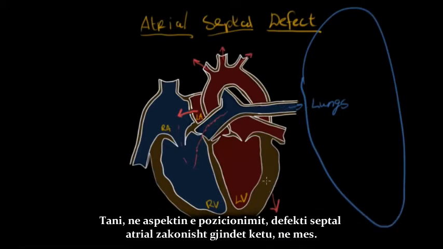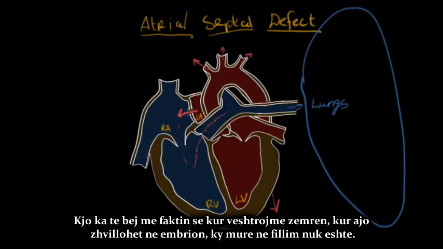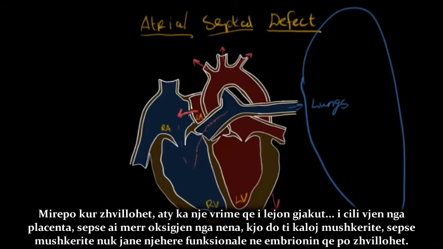Now, in terms of the positioning, most times we have the atrial septal defect kind of right here in the middle. And that has to do with the fact that, when you look at the heart when it's developing in the embryo, this wall isn't there in the beginning. But when it comes, there is an opening that allows for blood when it comes back from the placenta, because it's getting oxygen from the mother.